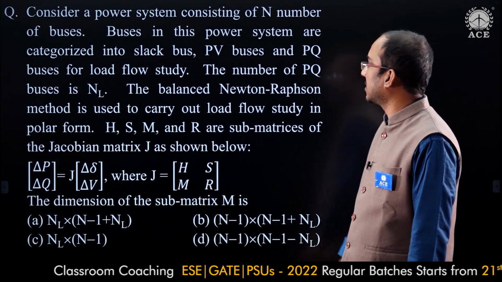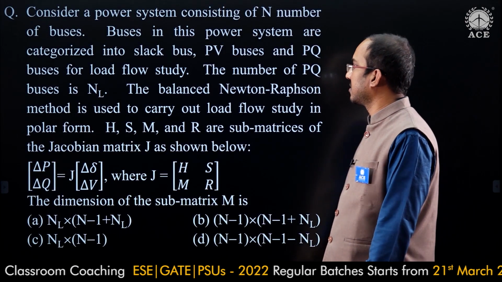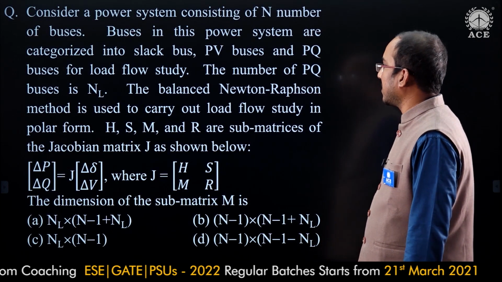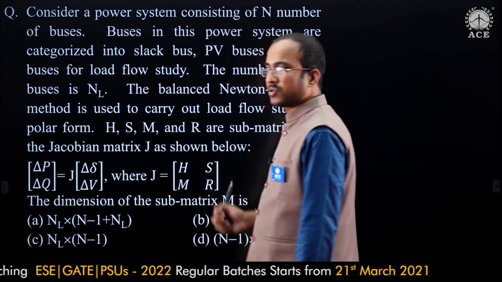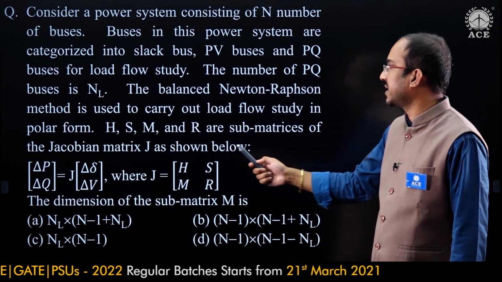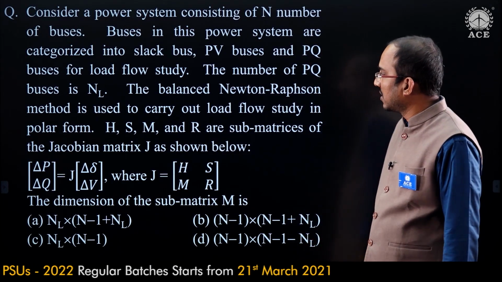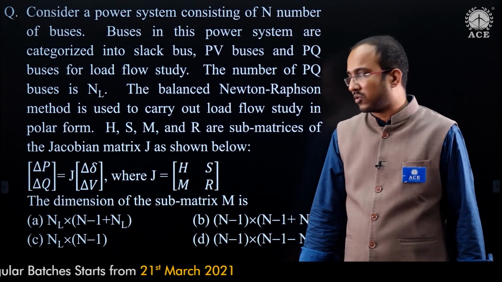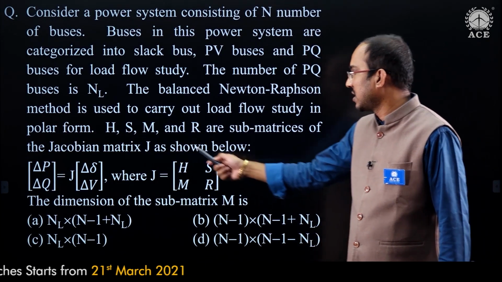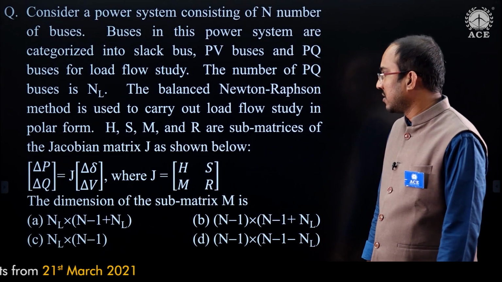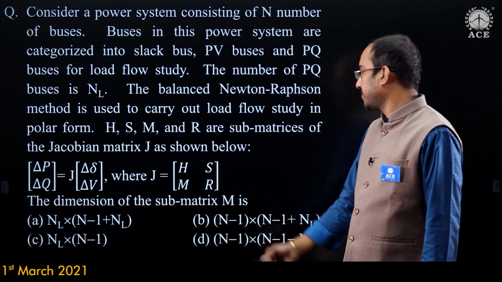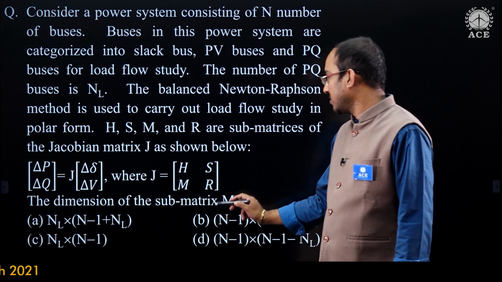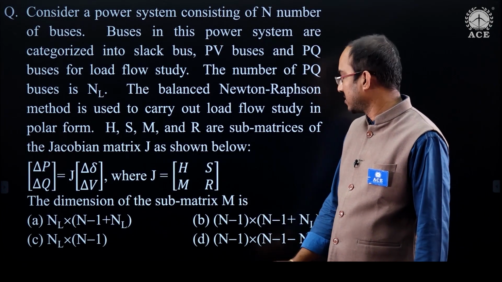That will be the number of PV buses. So the decoupled Newton-Raphson method is used to carry out the load flow studies in polar form. H, S, M and R are the submatrices of the Jacobian matrix. Now he is asking to find the dimension of the submatrix M.